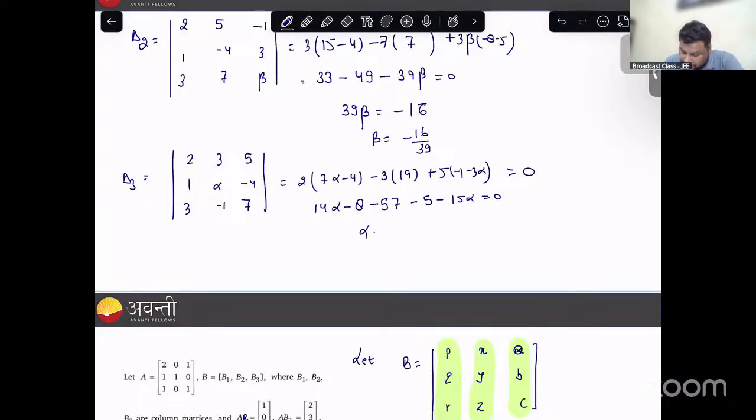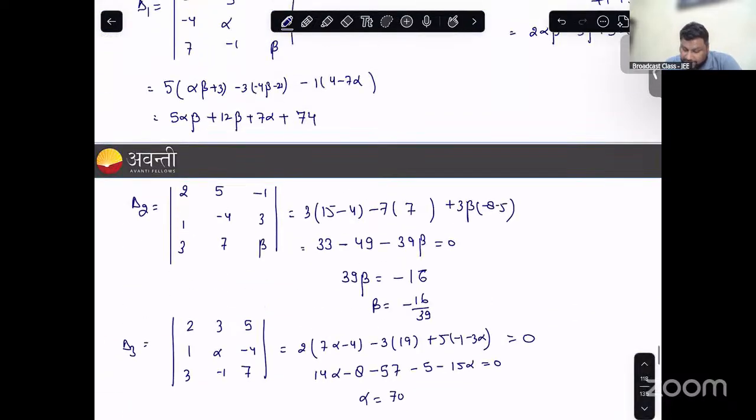So the value of alpha came: 57 and 5, 62 and 8, 70. The value of alpha is 70.